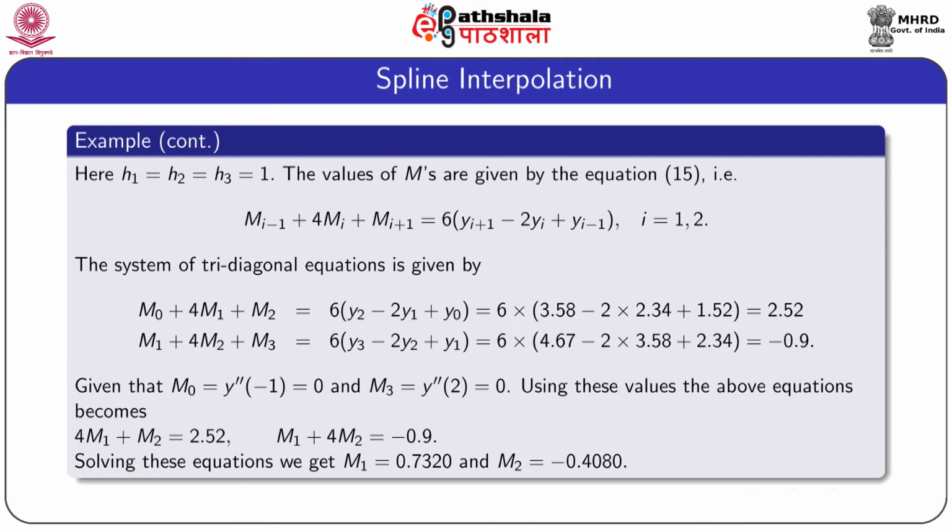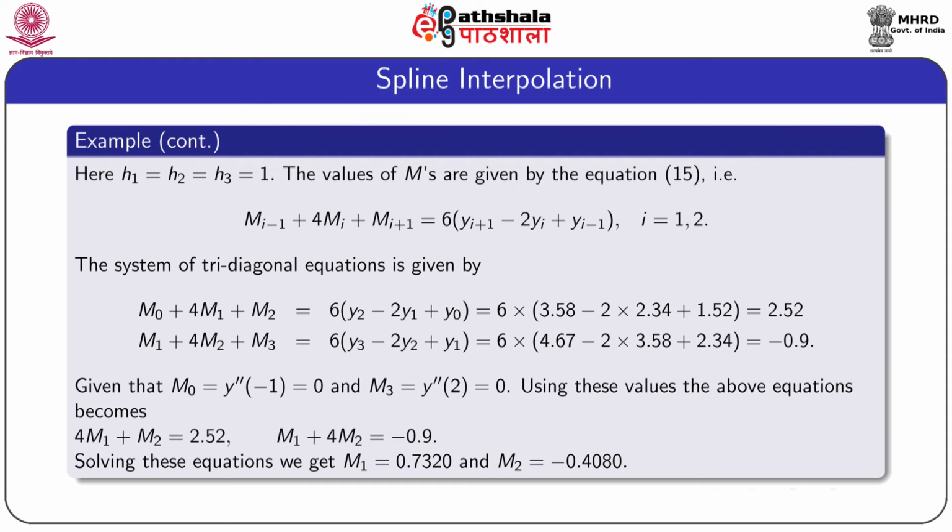Here it is given that m0 equal to the second derivative of y at the first endpoint minus 1, and this one is equal to 0, and m3 equal to the second derivative of y at the other endpoint, that means at x equal to 2, which is also given as 0. That means, using these two conditions, the above two equations reduce to 4m1 plus m2 equal to 2.52, this one first equation, and second equation becomes m1 plus 4m2 equal to minus 0.9.